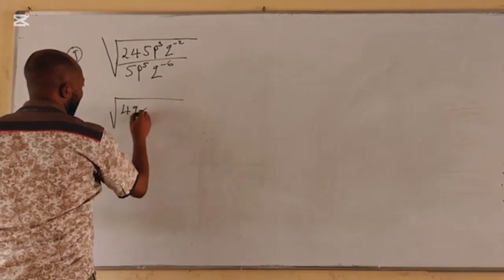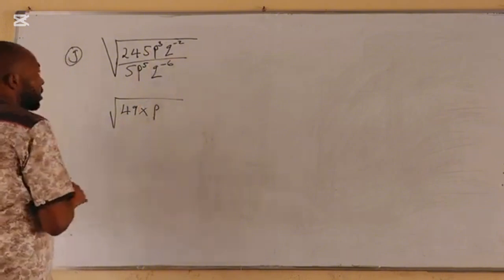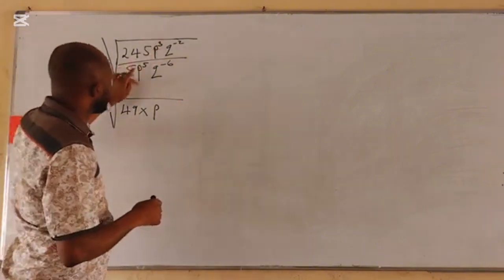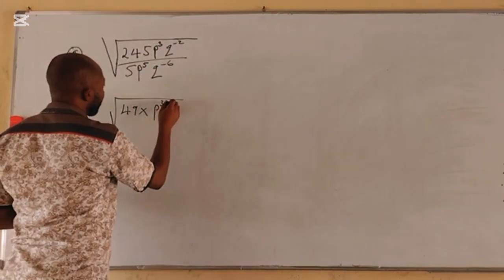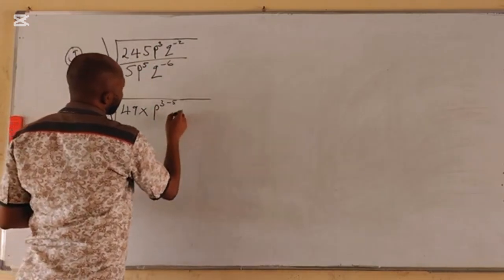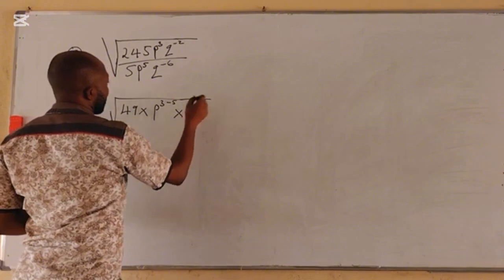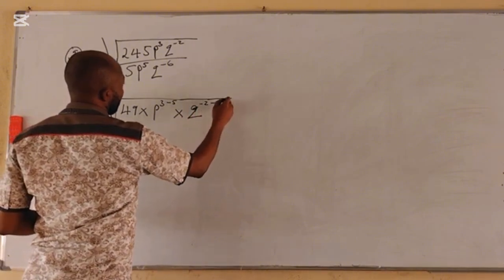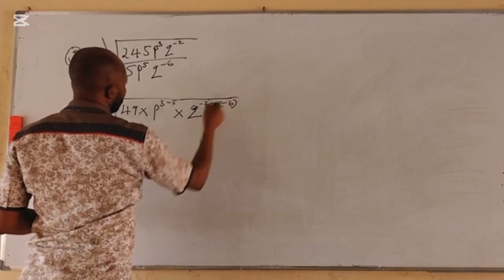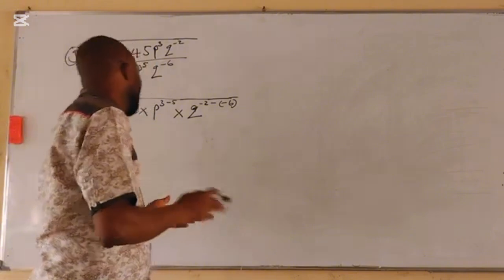There are two p here. When numbers with equal bases are divided, the powers are subtracted. So this becomes p raised to the power 3 minus 5, times, there are two q here, q minus 2 minus 6.